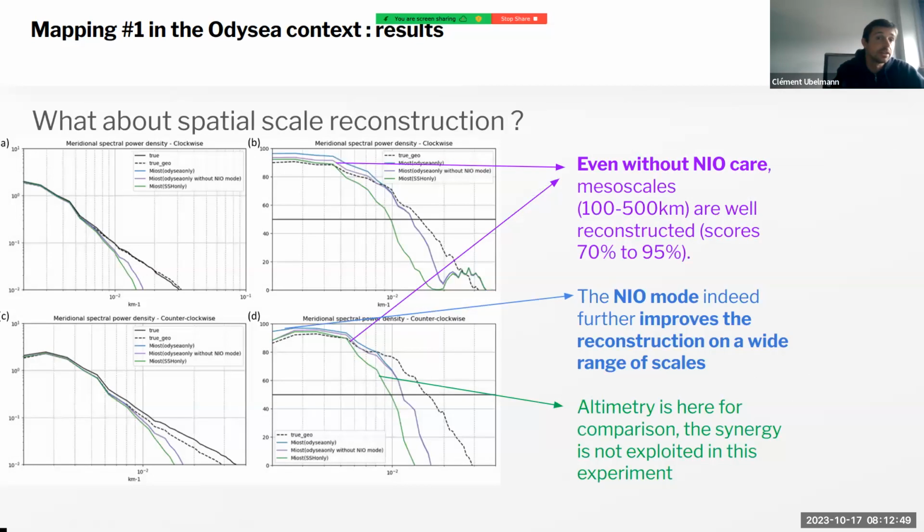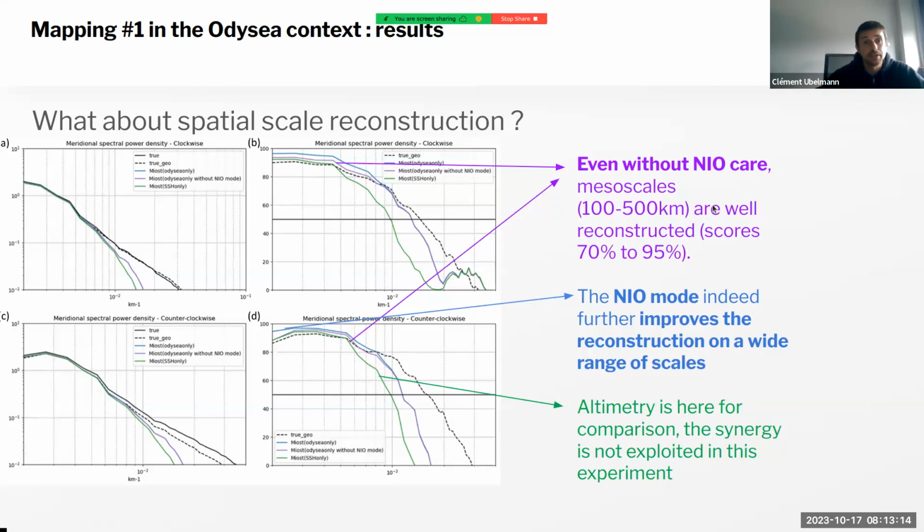Also, if we look in the spatial scale dimension, it is very interesting. The main message, looking at the different reconstruction scores on the right, is that first, even without NIO modes, the mesoscales between 100 kilometers and 500 kilometers are already quite well reconstructed. They are quite fair scores.